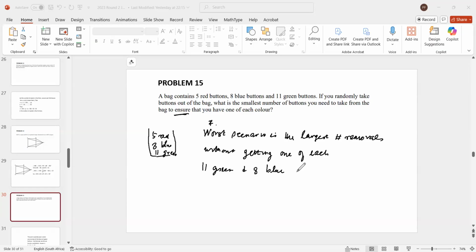And then after that, you just take a single one, and you have one of each color. So the answer is 11 green plus 8 blue is 19. And then after that, you can be dead certain that you're going to get one of each color. All right, so the answer is 20.